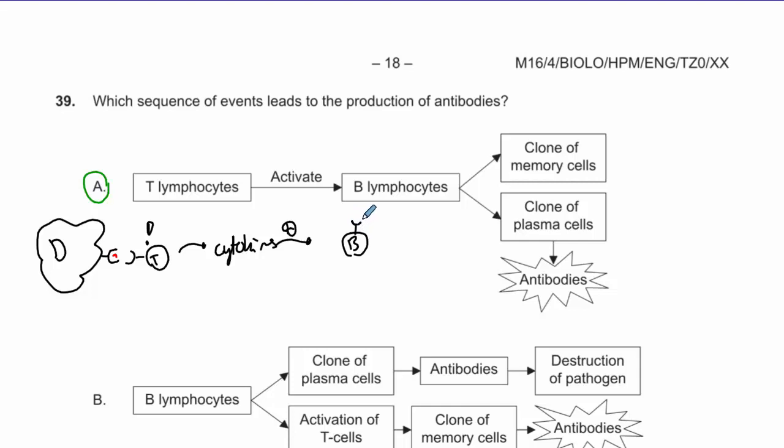And if one of those can actually catch coronavirus with that antigen, it becomes very stimulated, starts dividing like crazy, mitosis, and forms many plasma cells that produce antibodies, which fit this corona antigen.